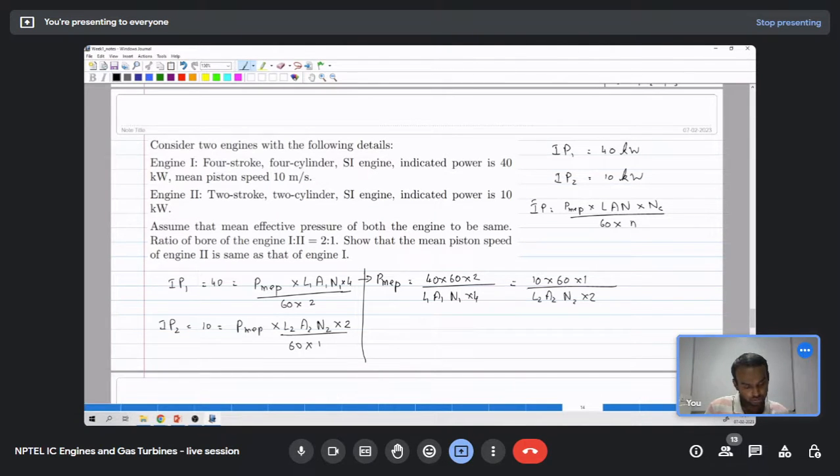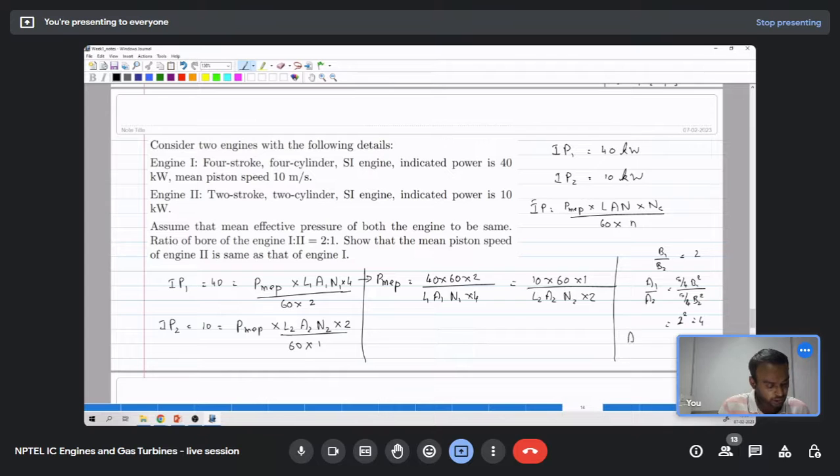Now we know that the bore ratio B1 by B2 is equal to 2. So A1 by A2 is pi by 4 B1 square divided by pi by 4 B2 square, which is 2 square, so that is 4.